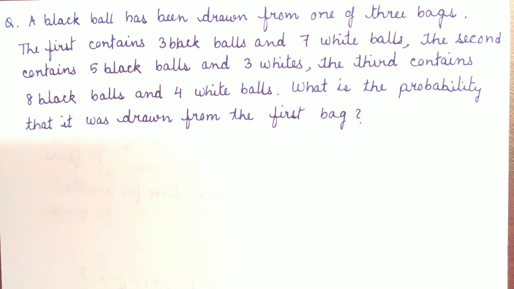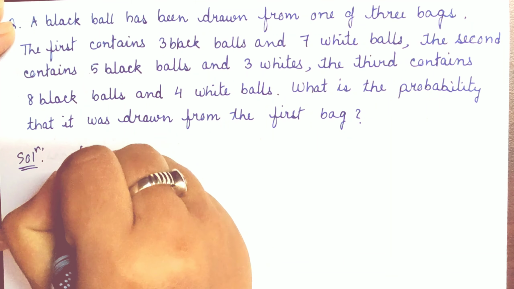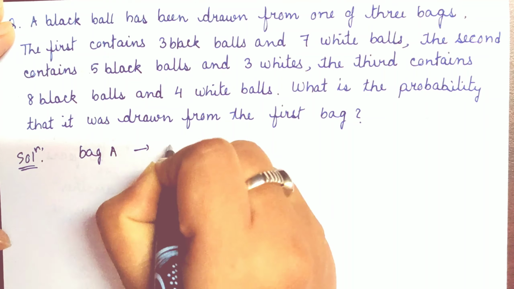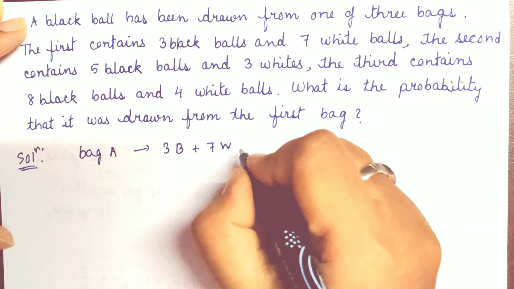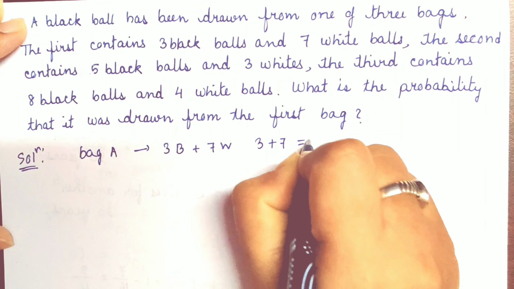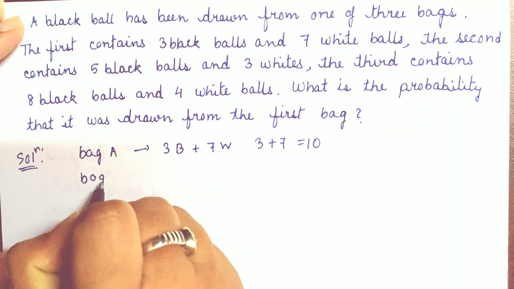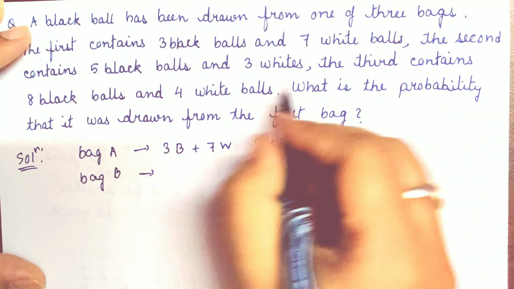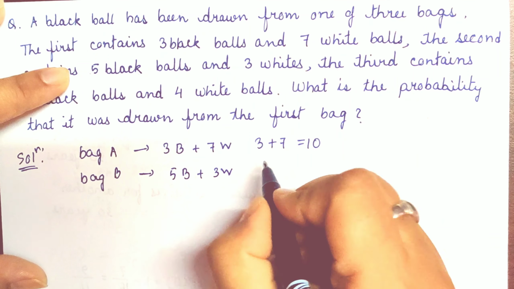A black ball has been drawn from one of the bags. The first contains 3 black balls and 7 white balls. So here bag A contains 3 black balls plus 7 white balls, that means 7 plus 3 equals 10 balls are in bag A. In bag B, 5 black balls and 3 white balls.